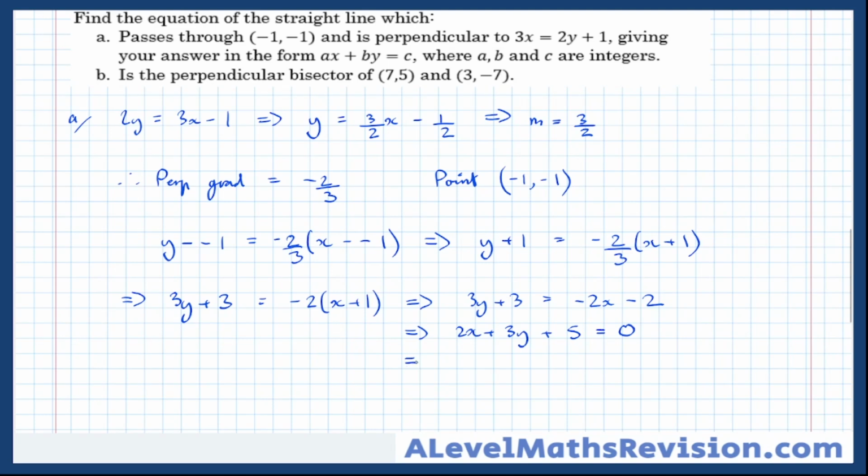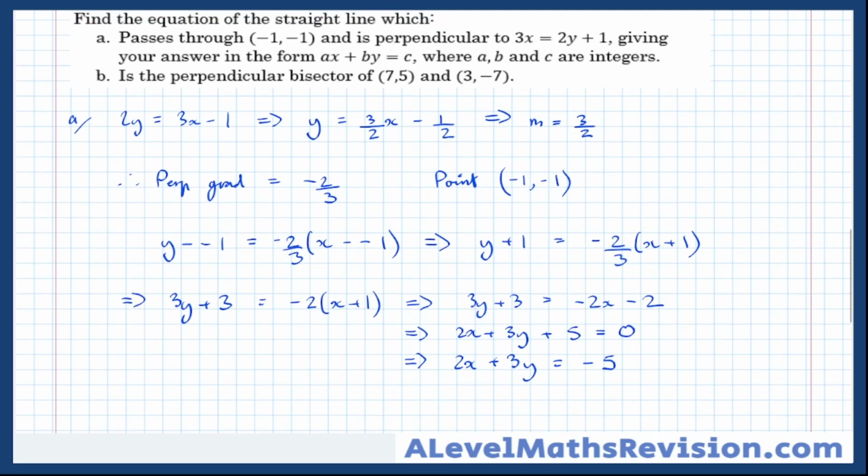So as I say, leaving that mistake in there because I think it's a very important point. 2x plus 3y equals minus 5, and now we have it in the required form. I should point out as well that this is only one of infinitely many correct answers. Any integer multiple of that will also be acceptable and will obtain the marks.